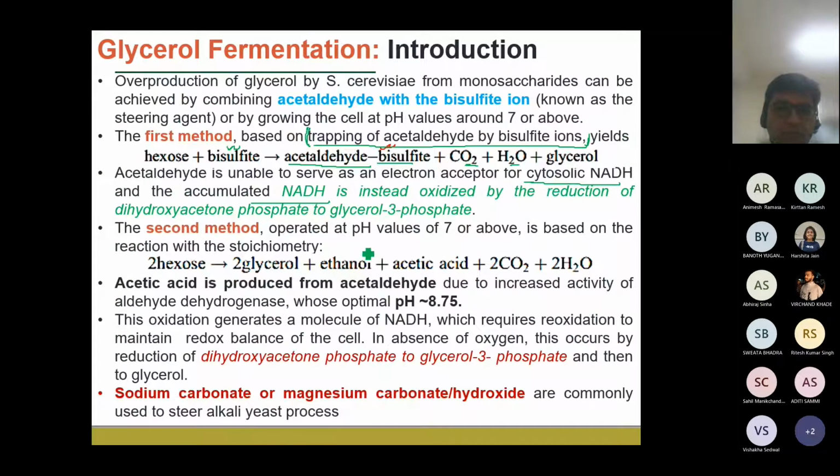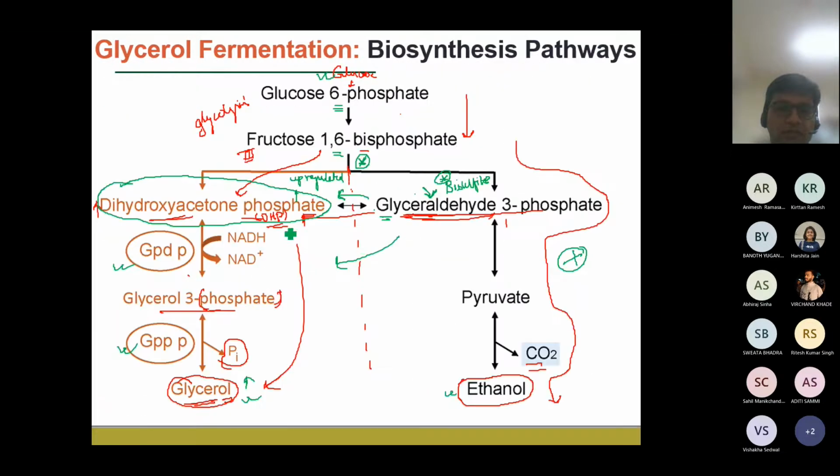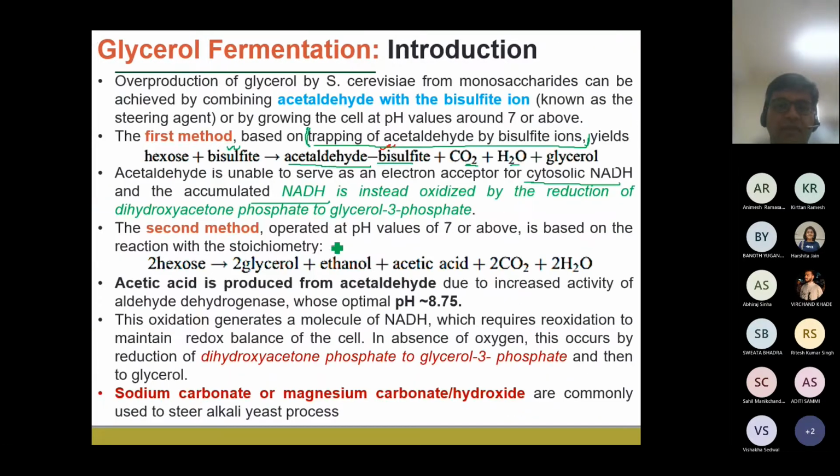Another approach to making sure that we have a higher concentration of DHP, dihydroxyacetone phosphate, and that we convert glycerol phosphate to this DHP, is by maintaining the fermentation conditions.